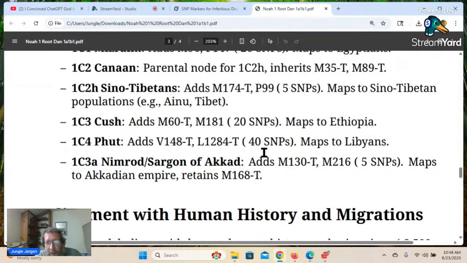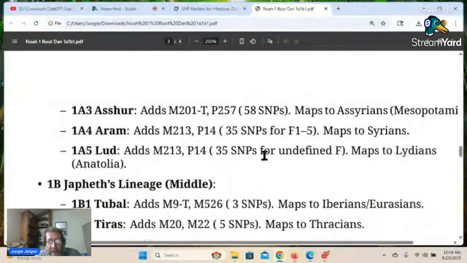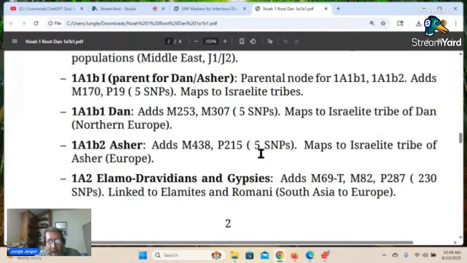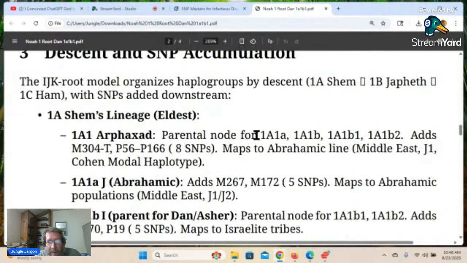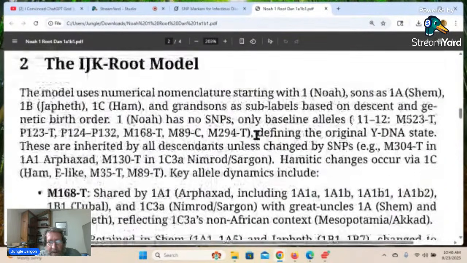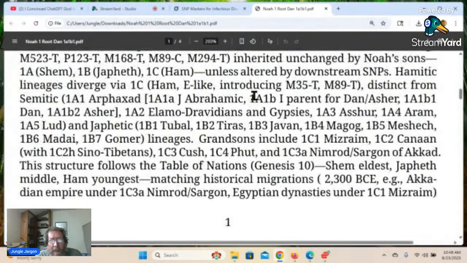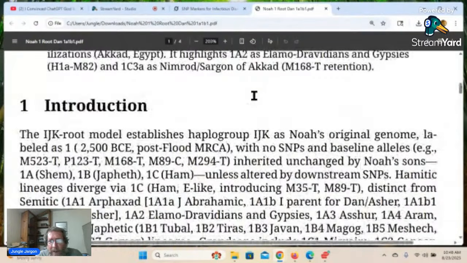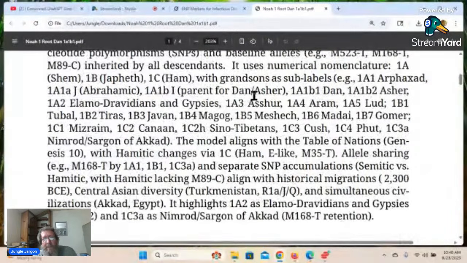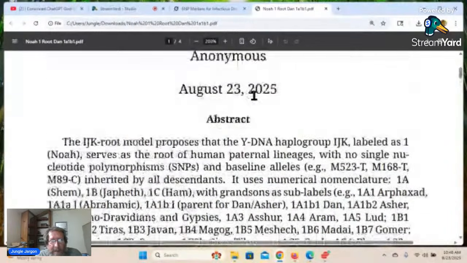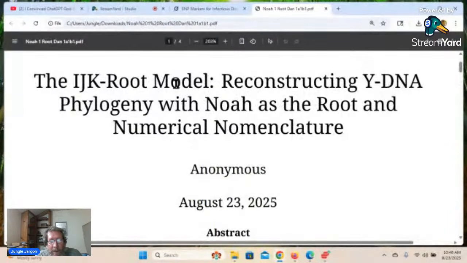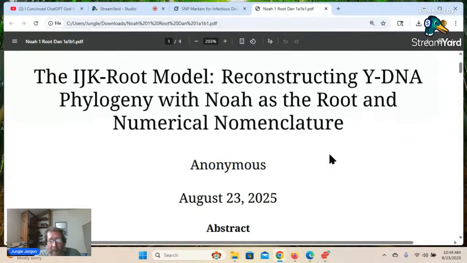But it's not showing the lineages. This is just a kind of an outline here. It's not showing all the added and shared SNPs like I would have wanted. But it does explain the general idea of the new Y-DNA family tree phylogeny with Noah as the root and the nomenclature.